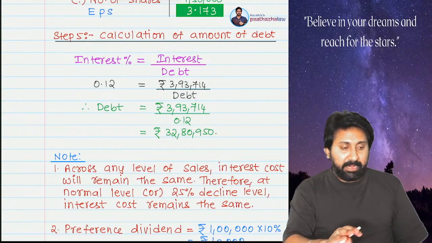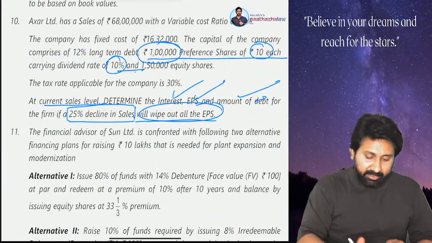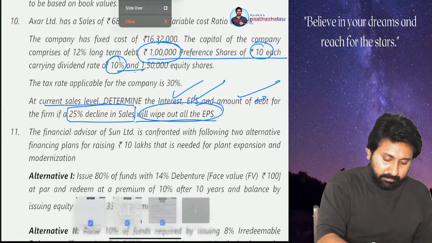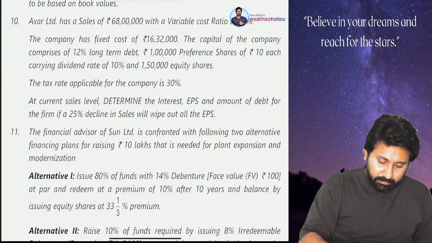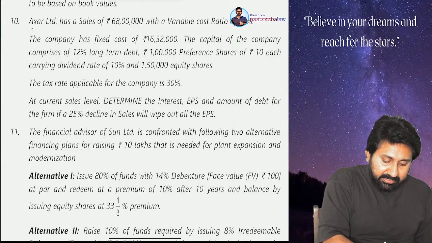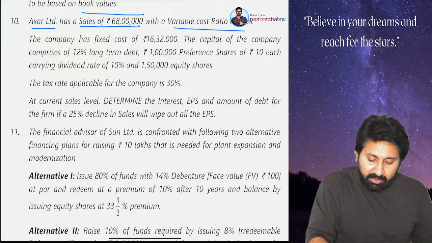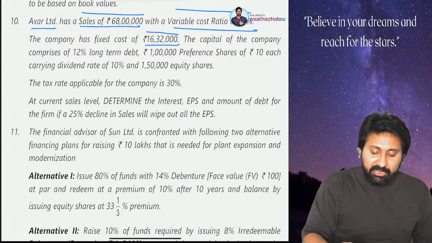Please see this question one more time. Important question, one last time I will read it for you. Axar Limited has sales of 68 lakh, variable cost 60%, fixed cost of 16 lakh 32,000.